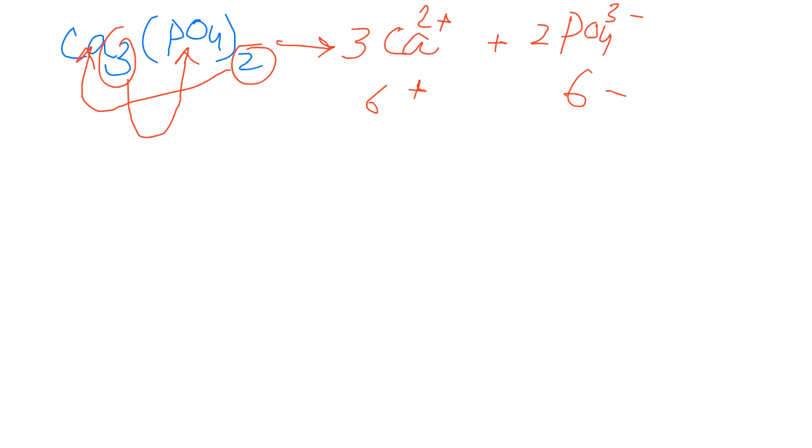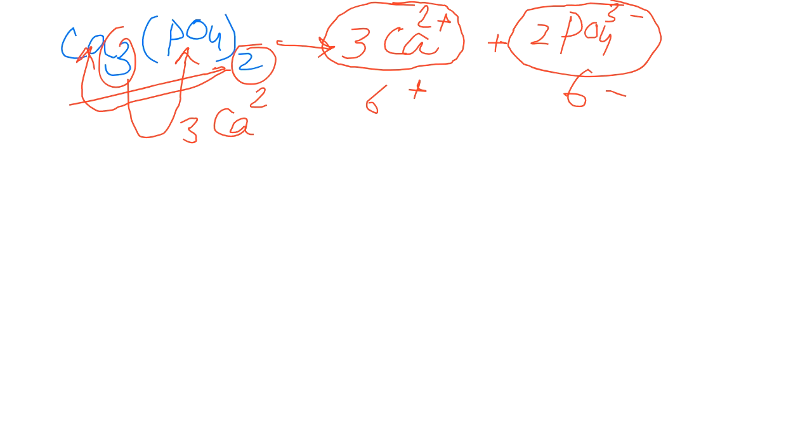The question is, how many charged species does this compound have? Charged species, then you have to write like this: 3 mole of calcium 2 plus and 2 mole of phosphate 3 minus. These are the charges. So you should write like this.